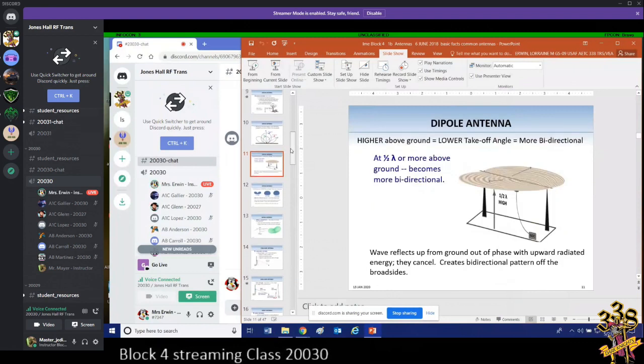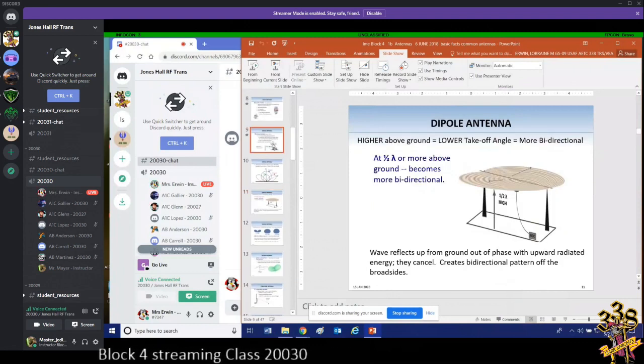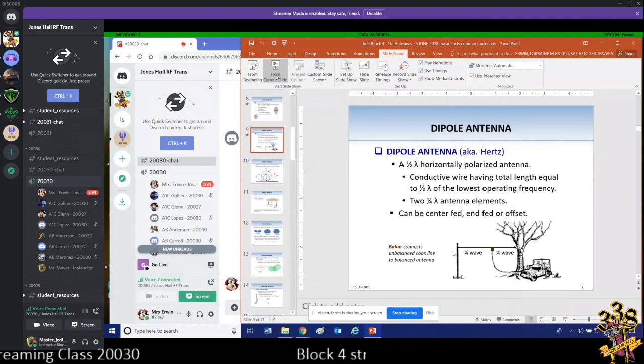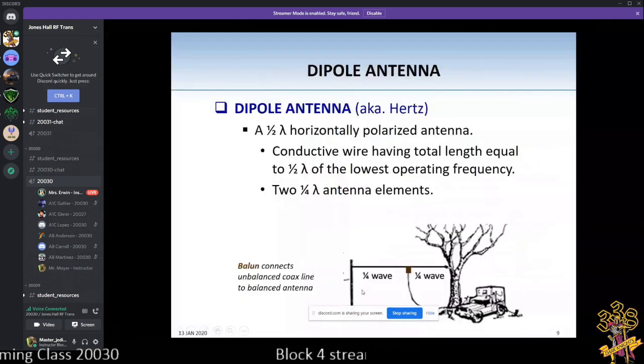Yes, ma'am. Okay. So dipole antenna, a horizontal antenna, horizontally polarized, half wavelength dipole antenna. Now, okay, here is your balun.